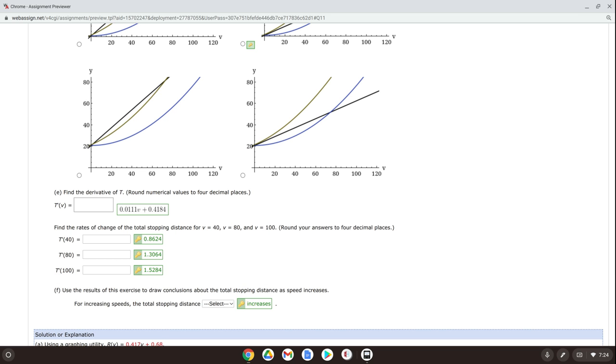Because if we slam on our brakes when we're going 100, the deceleration is going to happen faster in terms of change in speed and change in time. That doesn't mean we will get stopped faster. And then look, for increasing speeds, the total stopping distance increases, which makes total sense.